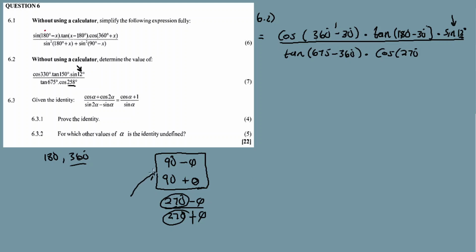I usually teach 90 minus and 90 plus. When we learned, they also showed us this one, 270 minus and 270 plus. These are also co-functions. They also work now. 270 minus 12 degrees gives us 258.